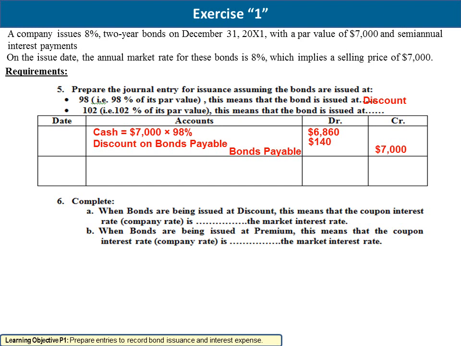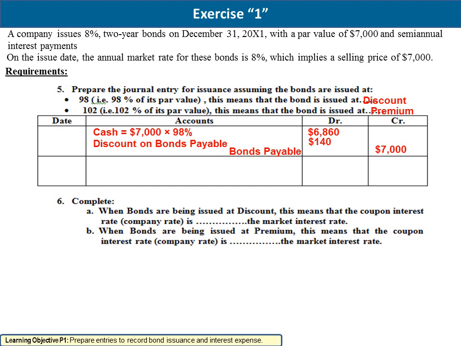So this will make investors motivated to go and pay more to get those bonds, because this will be a very good opportunity for them to invest their money in a bond and receive an interest rate higher than the one in the market. So the cash received will be above the par value, which means that these bonds are issued at premium.